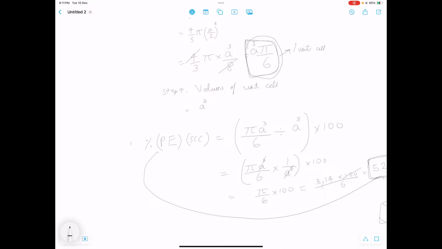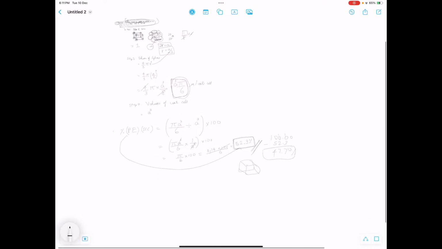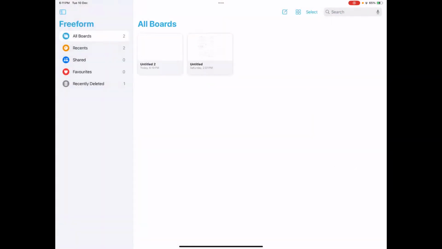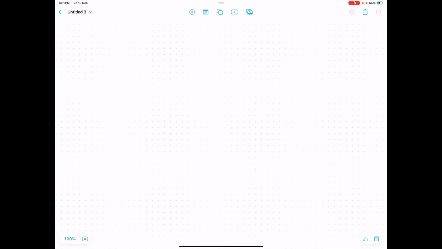We can also calculate the same for FCC. Okay, let's try. Let's first make a model.